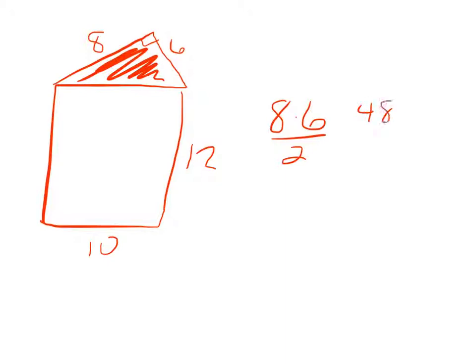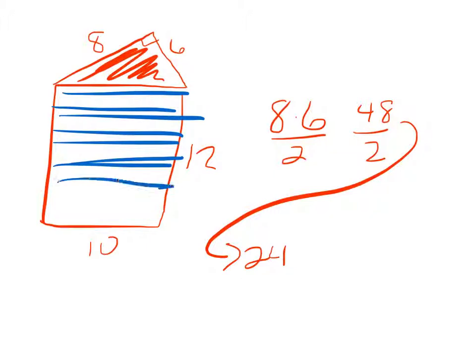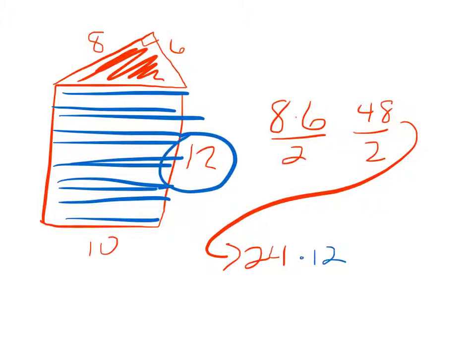So that'll be 48 divided by 2, so that'll be 24. And now I want to know how many slices there are from top to bottom, the depth here, and it's 12. So multiply 24 by 12, and that's going to get me 288. And this is centimeters, and then I put a cube there.